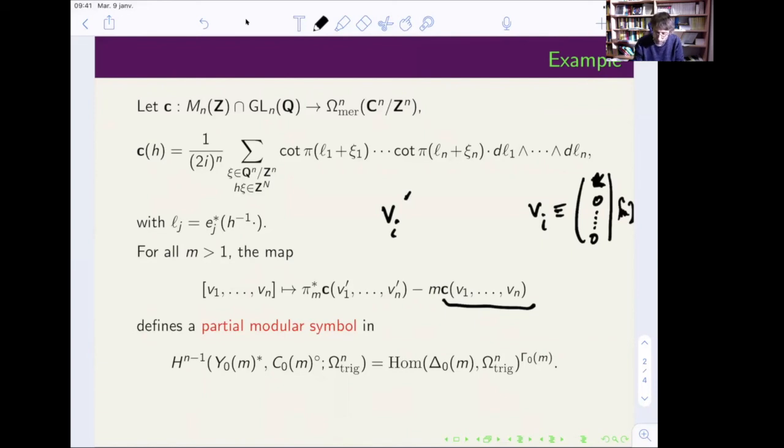So vi prime is the same vector where I divided the last n-1 entries by m. So vi prime is v11, and then v21 divided by m, and so on, vn1.